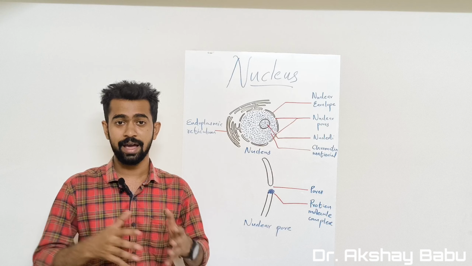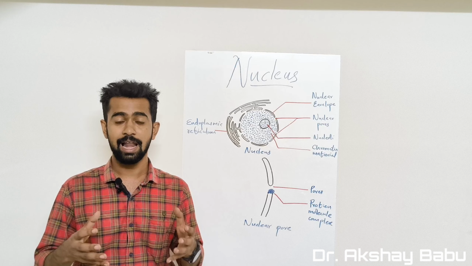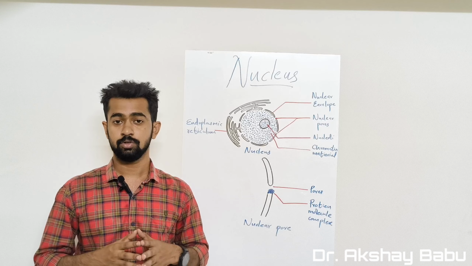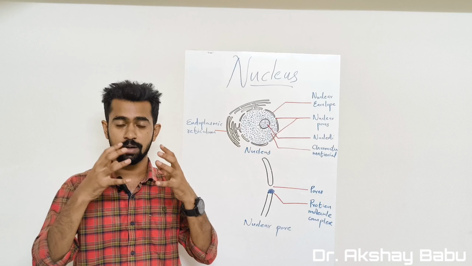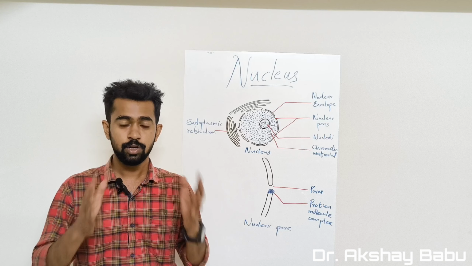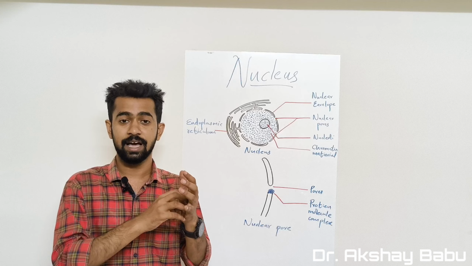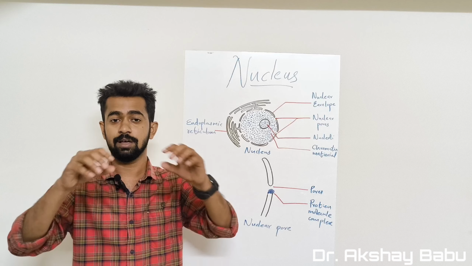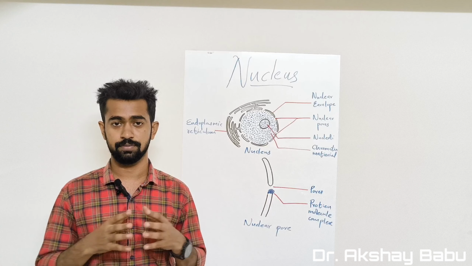This RNA and protein combination will help to assemble mature ribosomes. After the assembly of these mature ribosomes, this will help in synthesizing proteins which are helpful for the cellular metabolic functions.